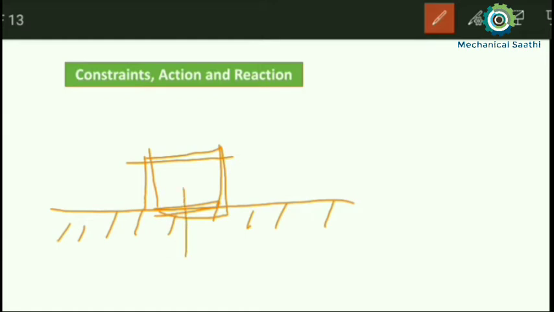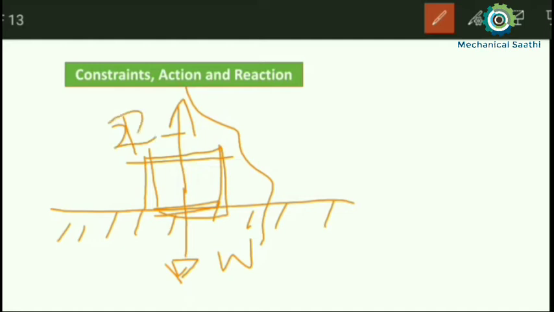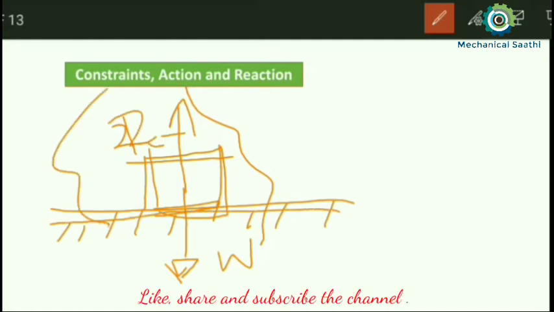So weight force, any force which is applied on that body, is called your action, and due to that action we get a reaction, which is represented as R. And this fixed support is known as a constraint, which is responsible for decreasing the degree of freedom of any system. I think you got the concept of all these things.